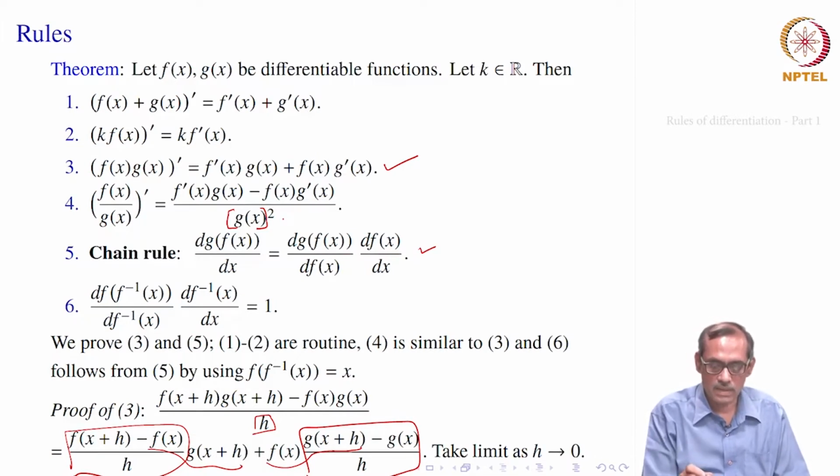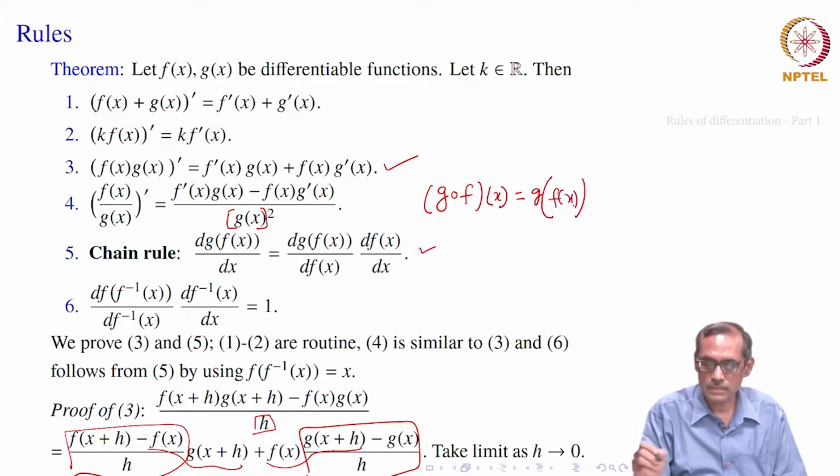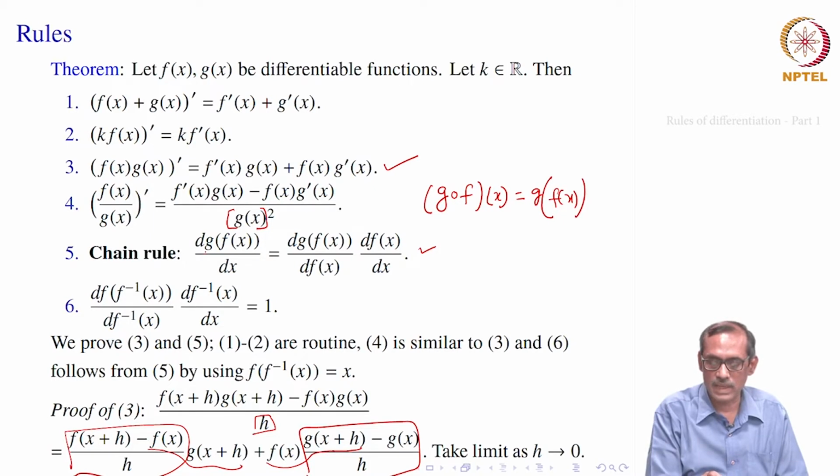Then the next one, it is a bit easier to remember, but we will give that later. So, it says if you have a composition of functions g of f, as you remember, this is defined at x, its value is g of f of x. So, we are writing on the left side that composition, derivative of the composition g of f of x is equal to derivative of g with respect to f of x.